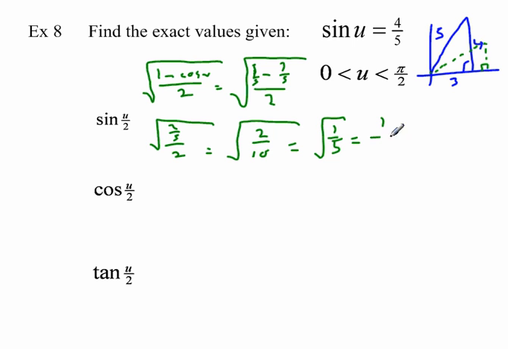Which, if you take the square root of the top and bottom, you get 1 over the square root of 5, which you can write as square root of 5 over 5.